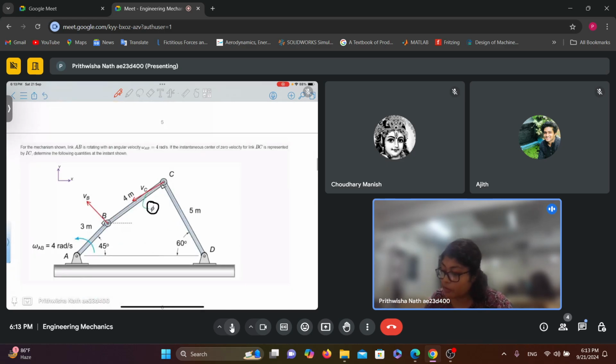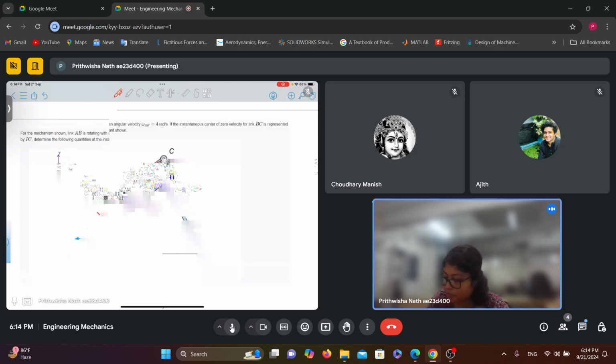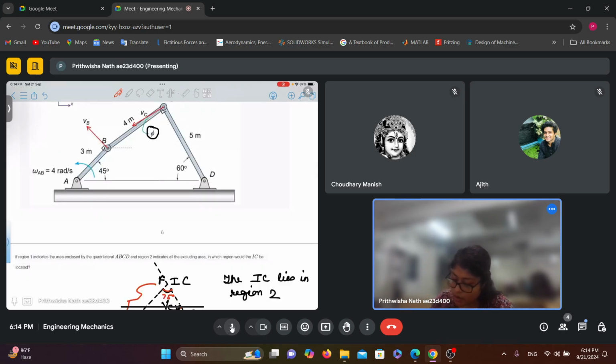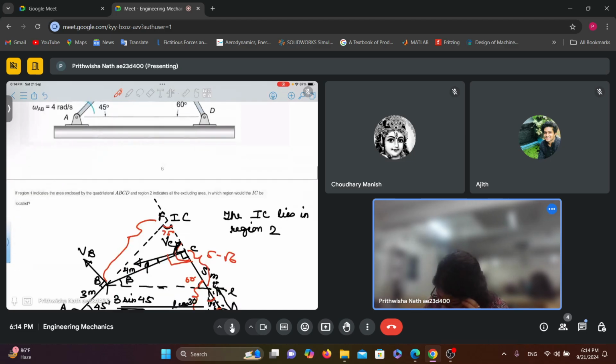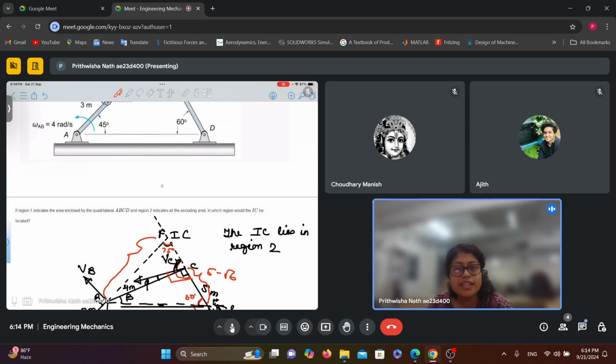Now in the next part of the problem, there is a mechanism and the link AB is rotating at an angular velocity of 4 radians per second. For the first part of the problem, you are asked to locate the IC. We simply extended these lines because for finding the IC we need to draw a perpendicular line to the tail of the arrow and then extend them, and the point where they meet is the IC, right?